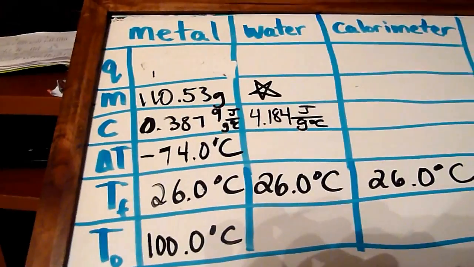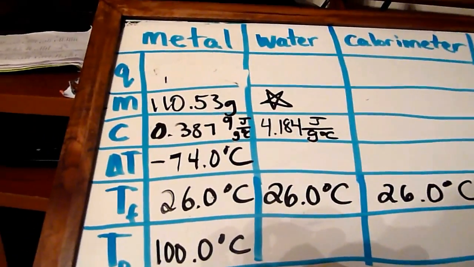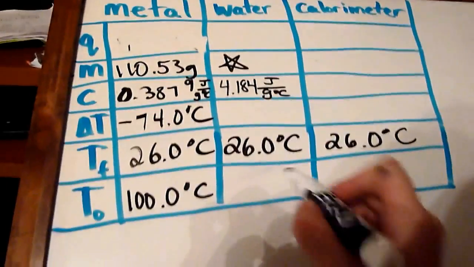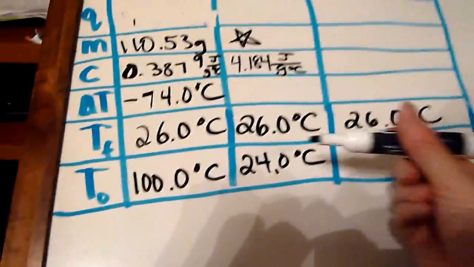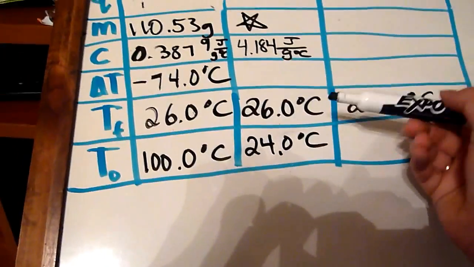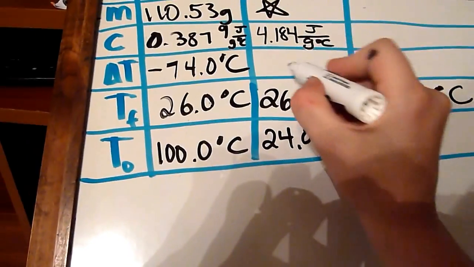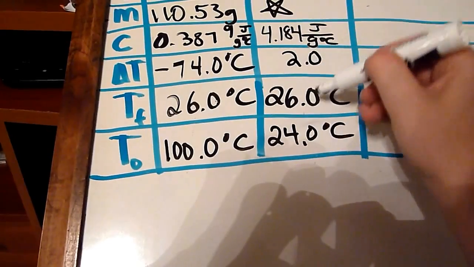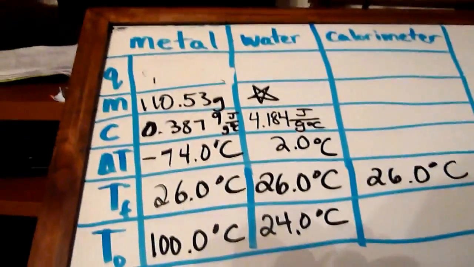We also know that at the beginning of the experiment, before the hot metal was added, the water was at 24.0 degrees Celsius, and that's given in the problem. So we can also calculate our change in temperature for the water, our final temperature minus our initial temperature, which gives us 26 minus 24 of 2.0, also significant to the tenths place, 2.0 degrees Celsius.